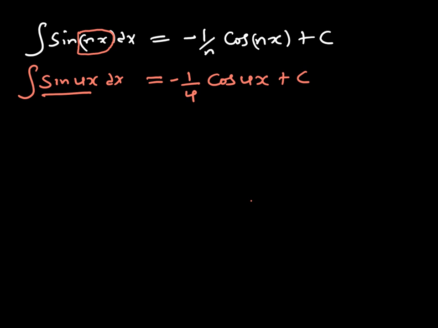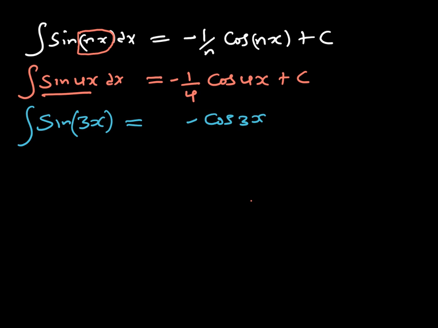What about the integral of sine 3x? It is still the same story. You may first write, if you want, that the integral of a sine is negative cosine of 3x.